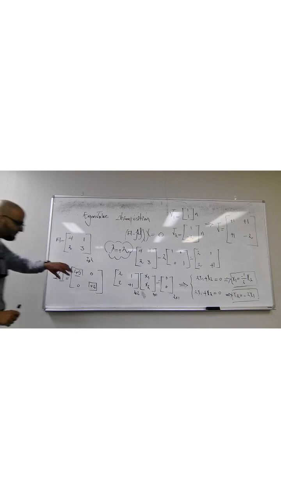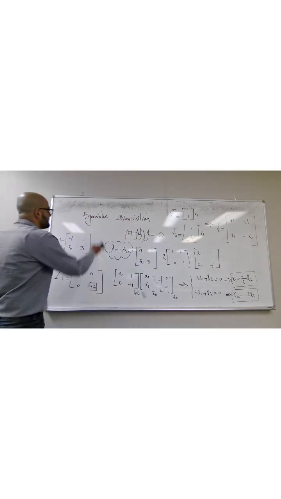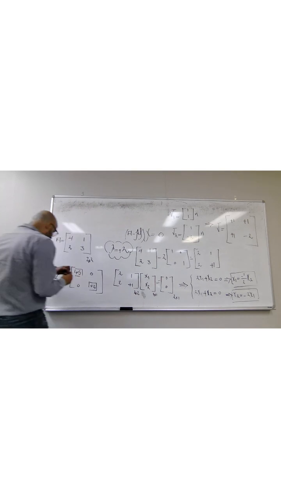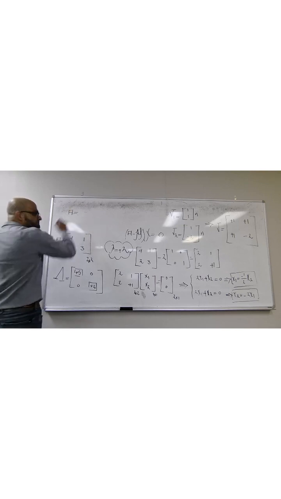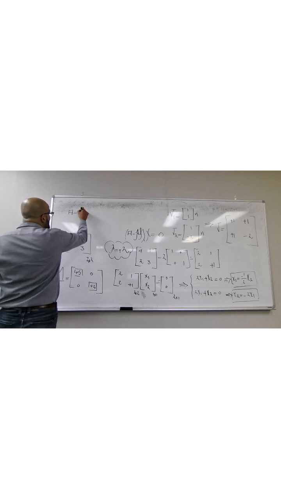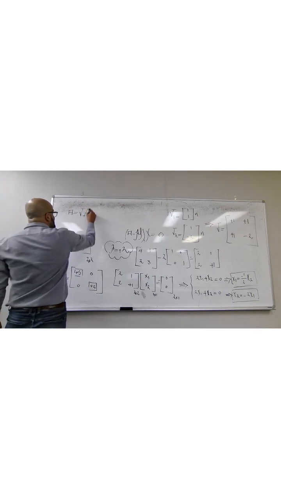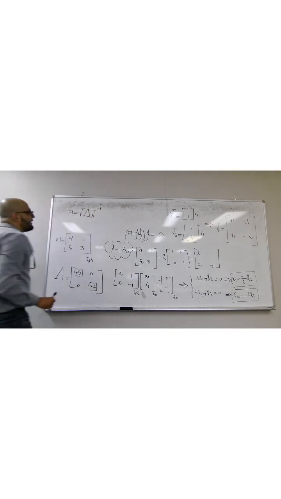Now, coming back to what we did, I'm just going to erase this part. Remember, for the eigenvalue decomposition, what we did was this. We said that a given matrix A can be decomposed into the matrix of its eigenvectors, the diagonal matrix of its eigenvalues, and the inverse of its eigenvector matrix.